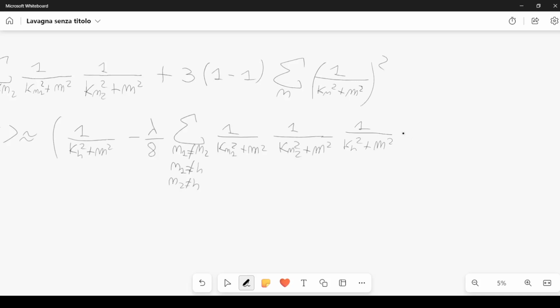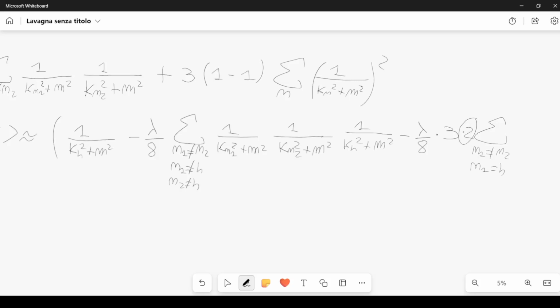And then you also get another contribution of the following kind. You have minus lambda over 8. Then you get a factor of 3. And this factor of 3 comes from considering n1 not equal to n2, but n1 equal to h. Since there is symmetry with respect to n1 and n2, here we can multiply this by 2.